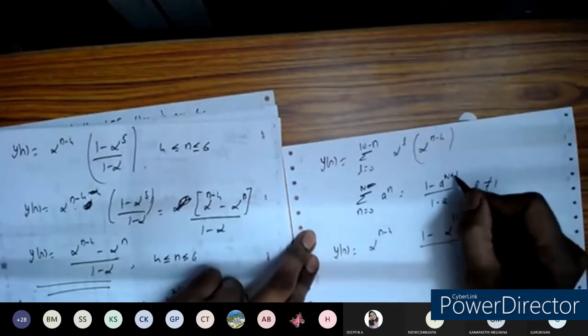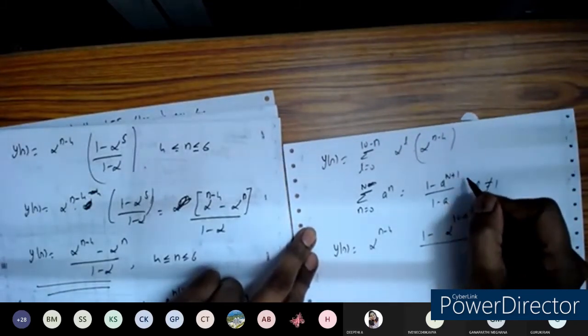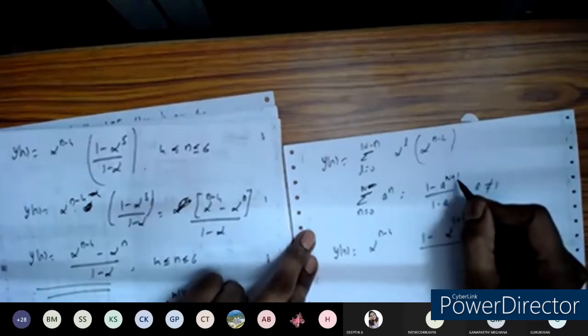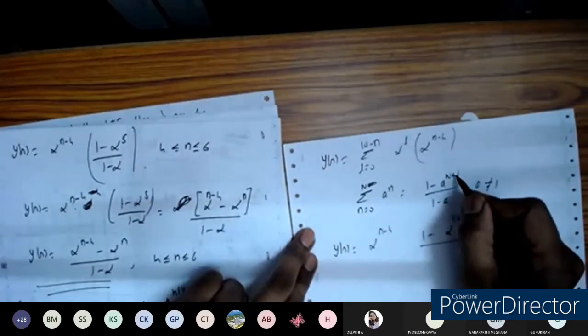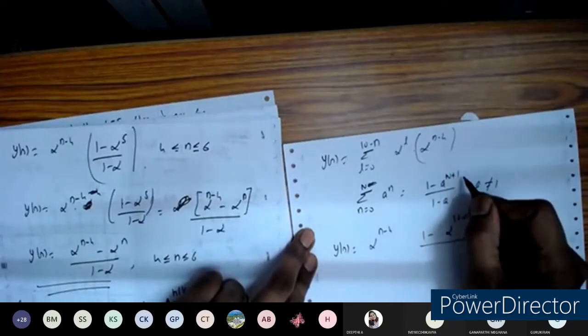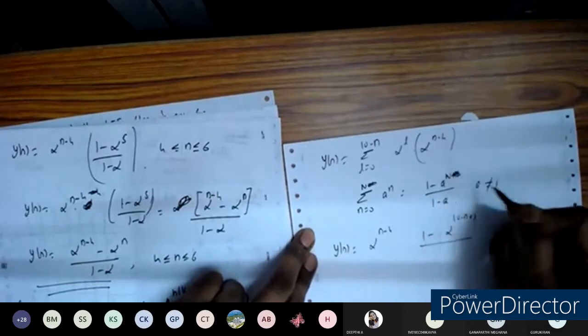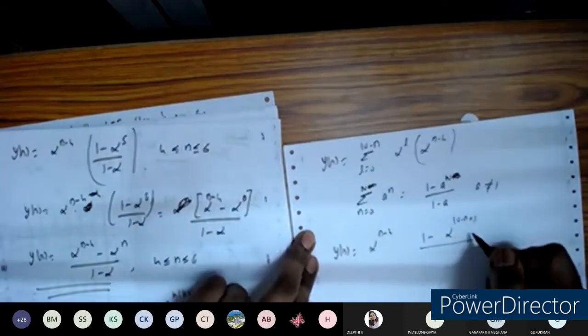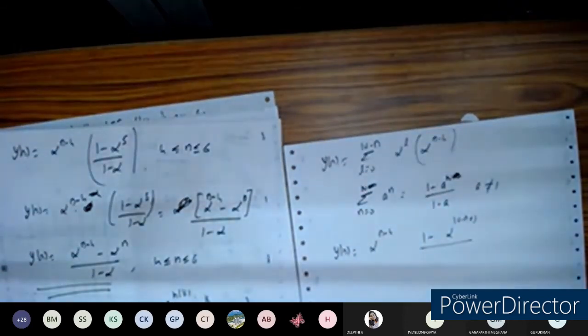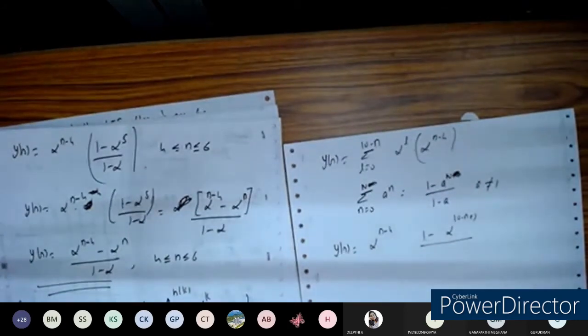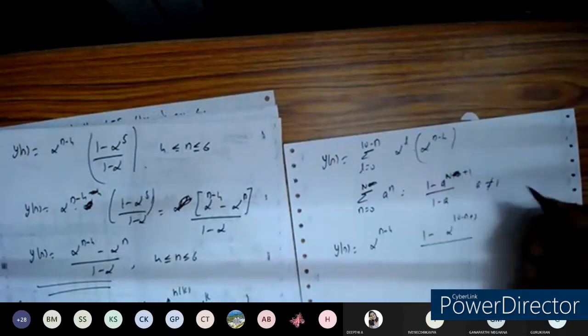Alpha to the power of n only, right? n plus 1 or n? What is the formula? Alpha to the power of n only, no? So this is n only, right? Can you get the reply? So this is n plus 1 or n?